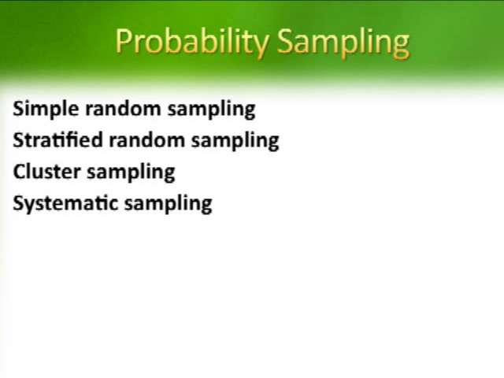Cluster sampling is kind of a drill-down strategy. In cluster sampling, you would have a sampling frame of all the states in the United States, all the cities, all the institutions and all the organizations in which the subjects to be included reside.